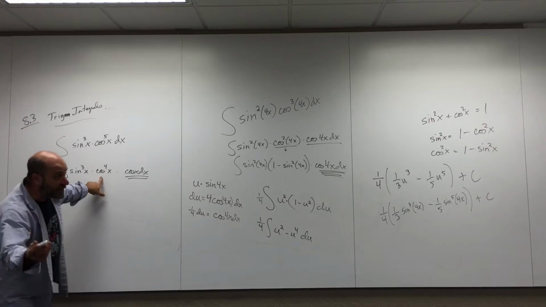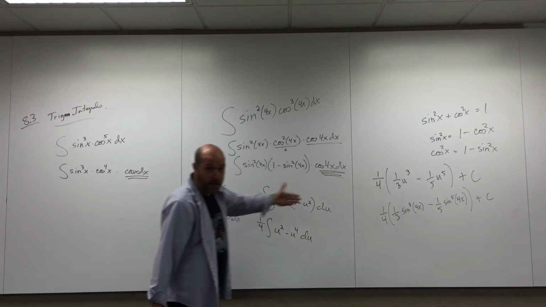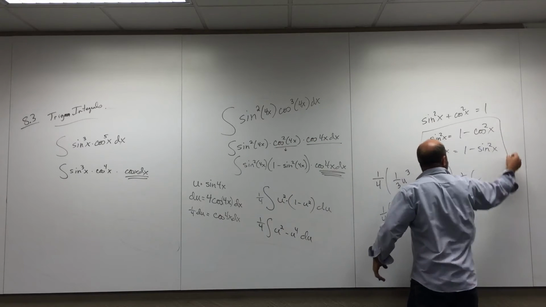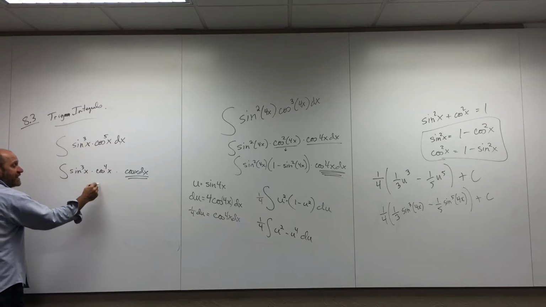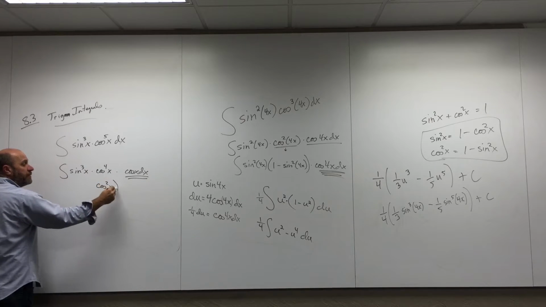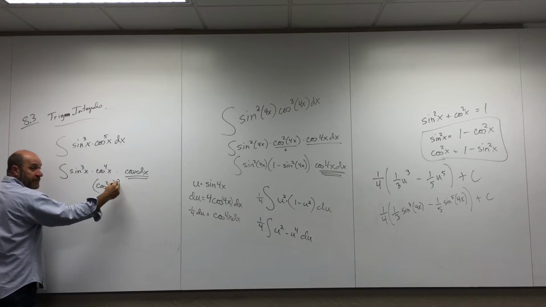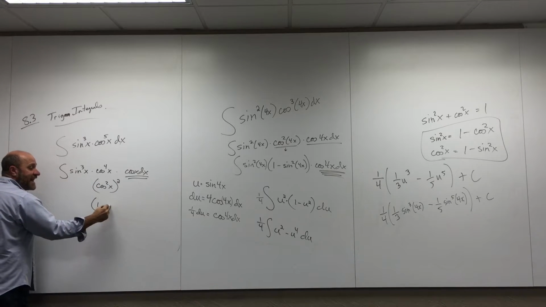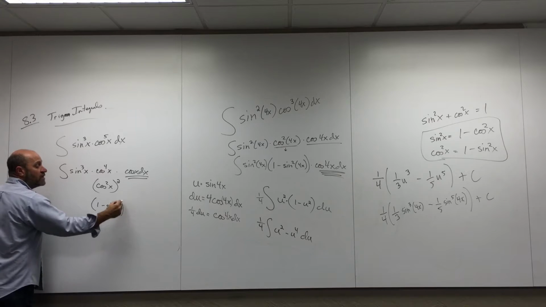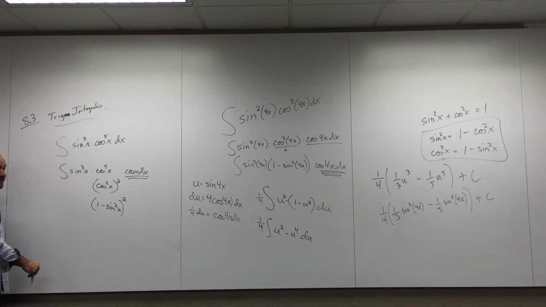Well, this is how you turn things into it: this cos to the 4th is actually like a cos squared, and that cos squared is 1 minus sine squared.